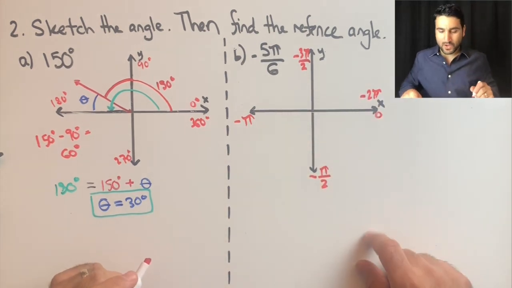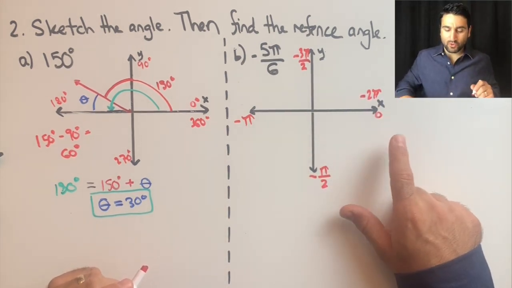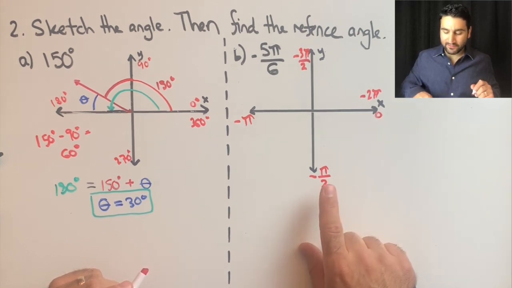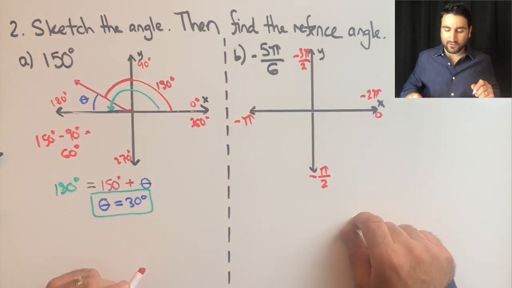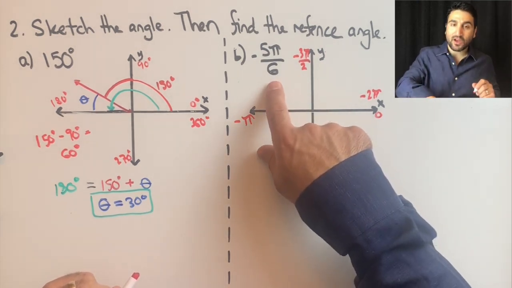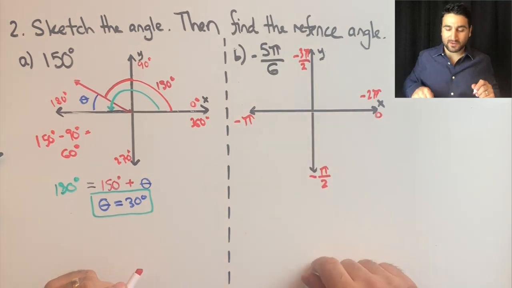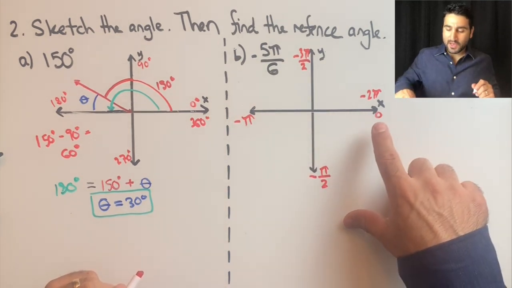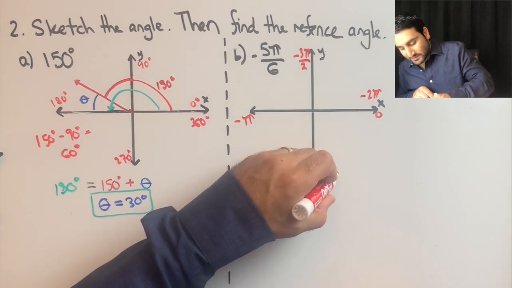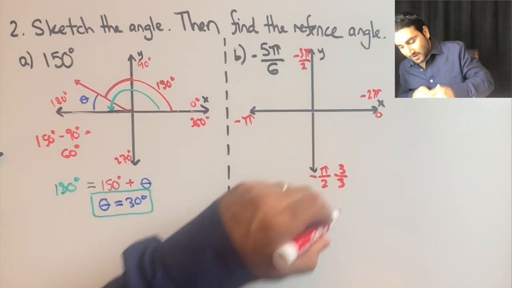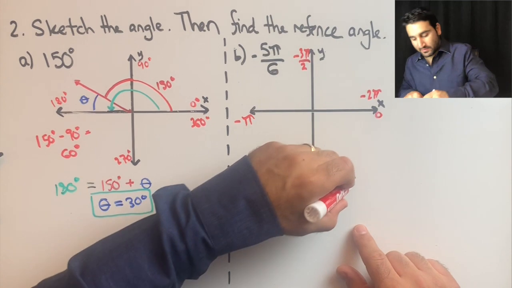Okay, so let's figure out which quadrant we land in. It's easiest if our quarter angles that we're using for reference have the same denominator as the angle that we're given. So this is divided by 2. How do we make this divided by 6? We'll just multiply by 3 over 3.